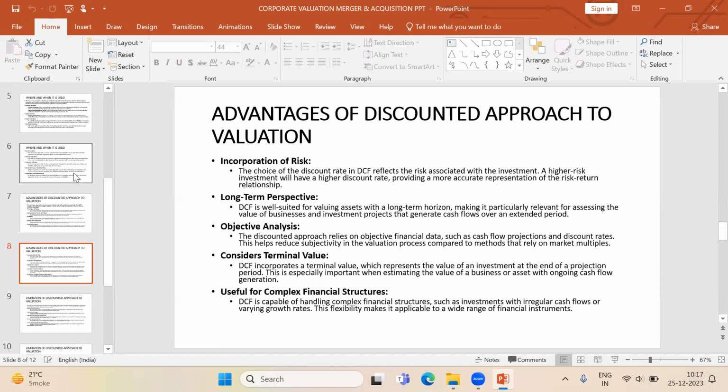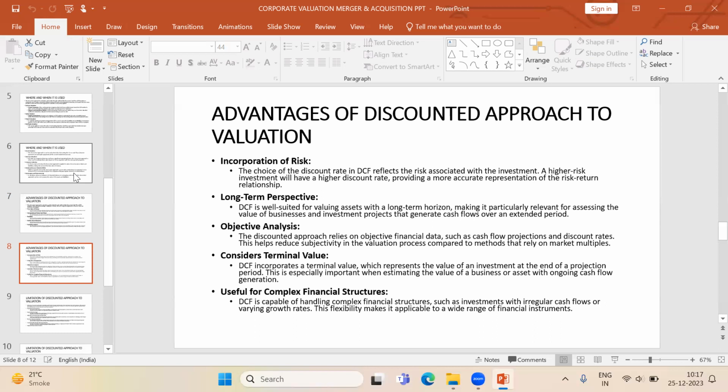Long-term perspective. DCF is well suited for valuing assets with a long-term horizon, making it particularly relevant for assessing the value of businesses and investment projects that generate cash flows over an extended period. Objective analysis. The discounted approach relies on objective financial data, such as cash flow projections and discount rates.